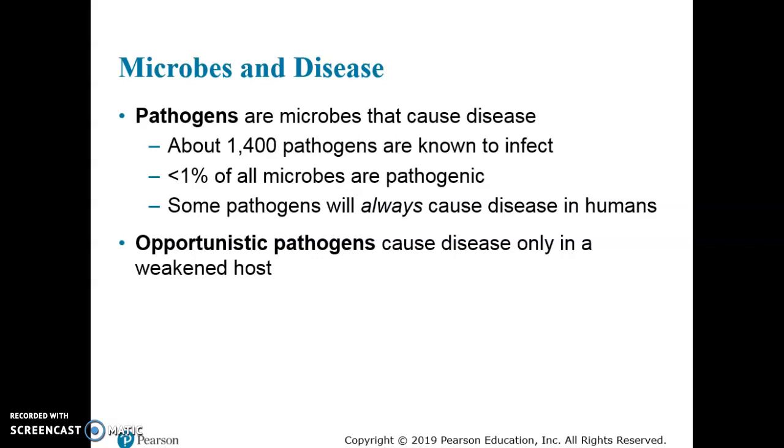In terms of a weakened host, there are a lot of examples, but we'll go with someone who has AIDS. A person with AIDS virtually has no immune system. Their adaptive immune system is being wiped out because of the presence of the HIV.